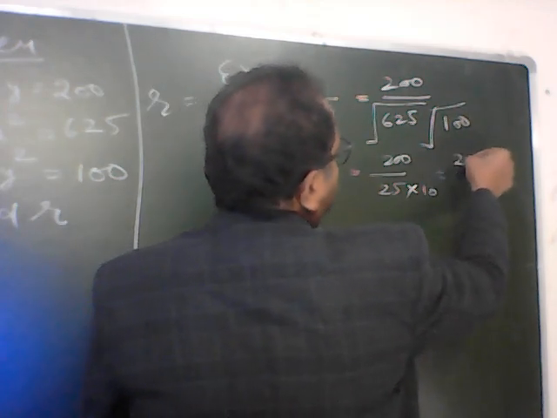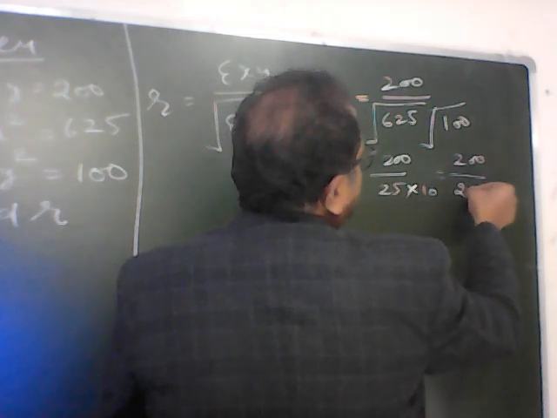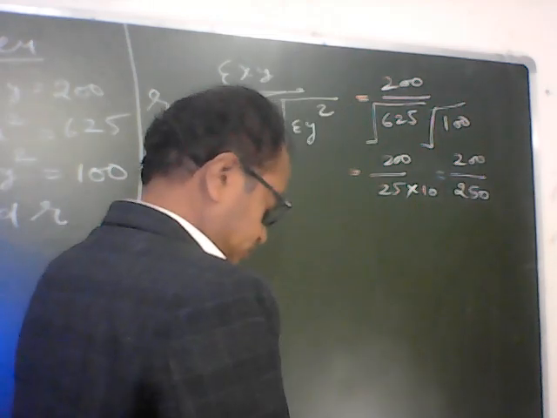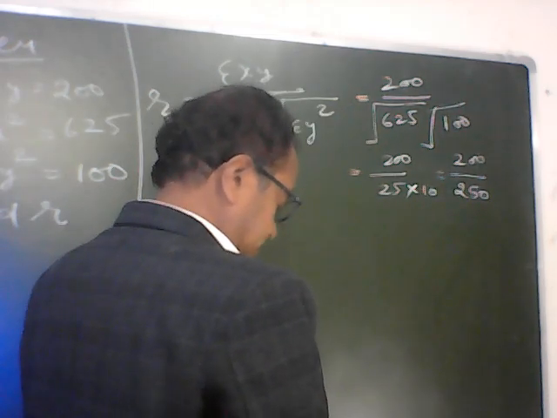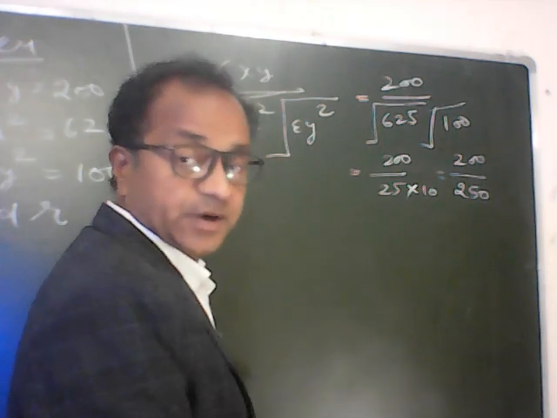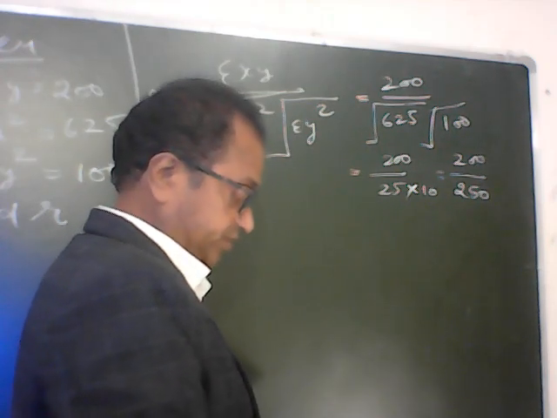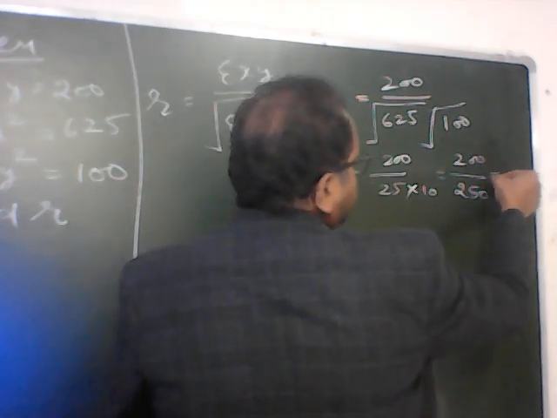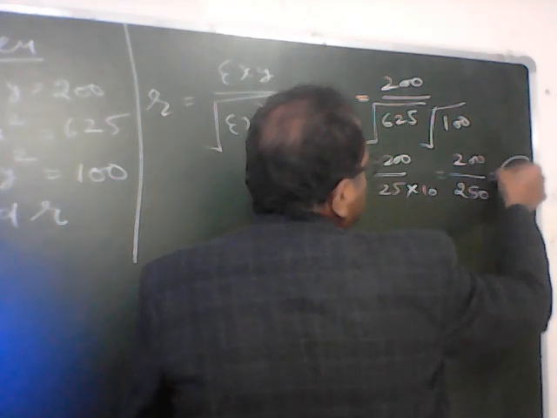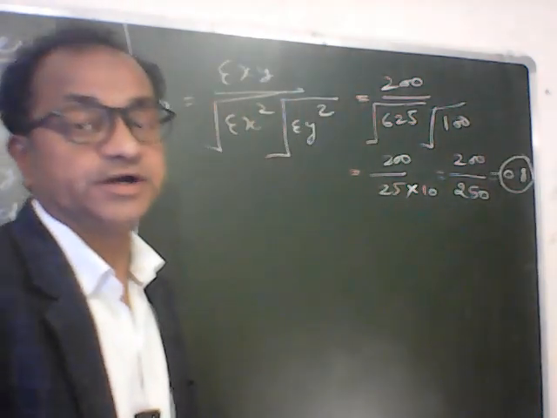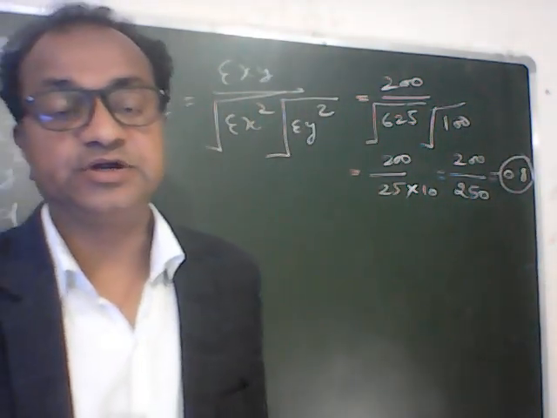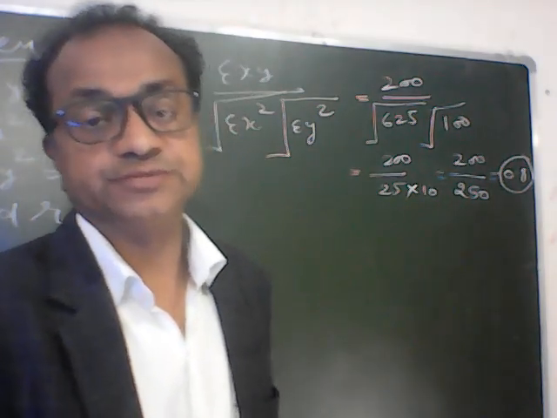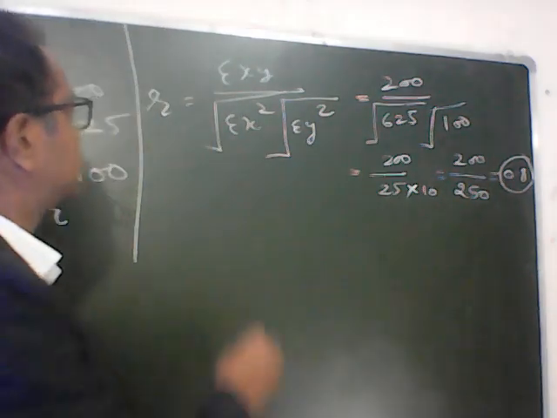So it will be 200 divided by 25 multiplied by 10, that is 200 divided by 250, and this will be 0.8. So this is 0.8, that is a high degree of positive correlation. It's a very simple formula, just write it down.